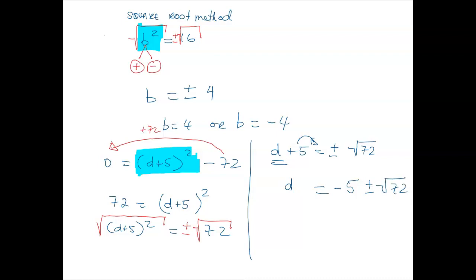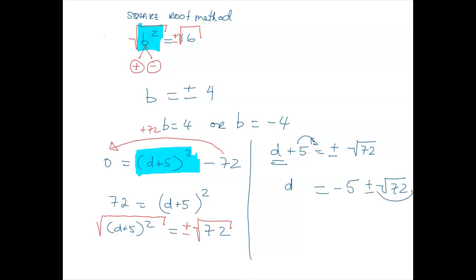You notice that I put the negative 5 in front of the square root. You always want to put the value term before the square root term. Just good practice. And so that's it, that should be your answer.